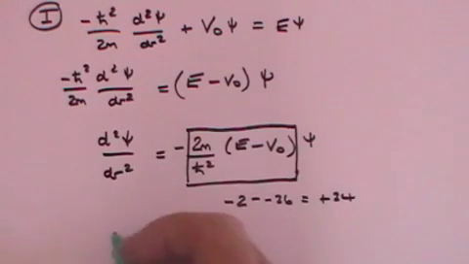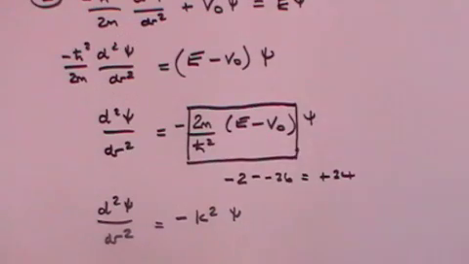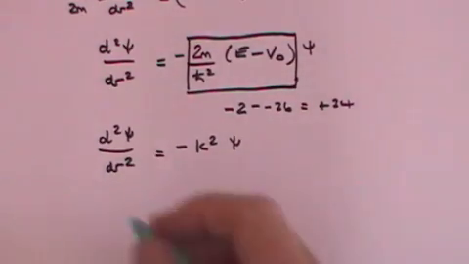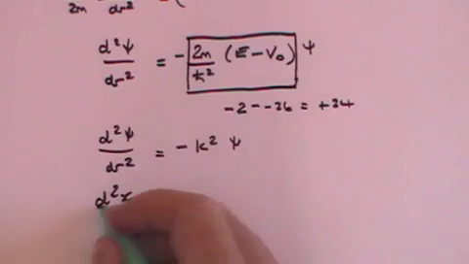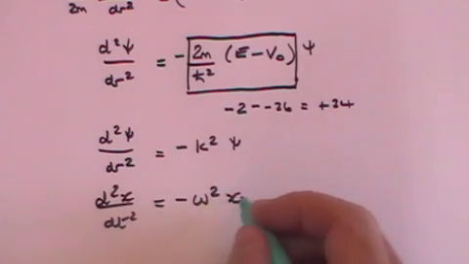So what I can do is replace this, and say that d2 psi by dr squared is minus k squared psi, where k squared is simply this term in the box, and I've left the minus sign on the outside. Now, this equation is not unlike the equation for simple harmonic motion. d2x by dt squared is equal to minus omega squared x.